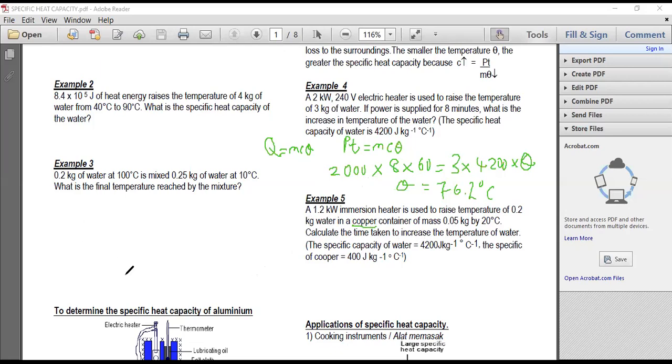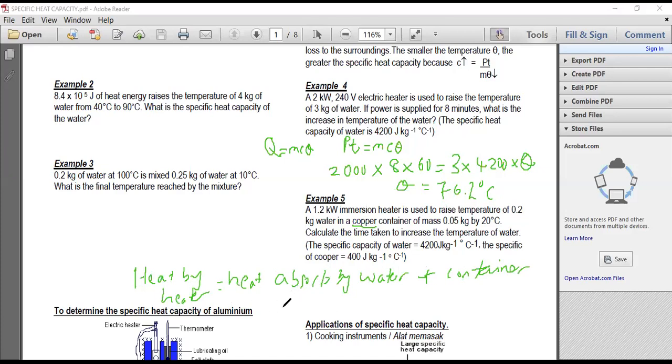So we are going to say heat supplied by heater equals heat absorbed by water plus heat absorbed by container. That means we have to consider the heat absorbed by the container and also by the water.